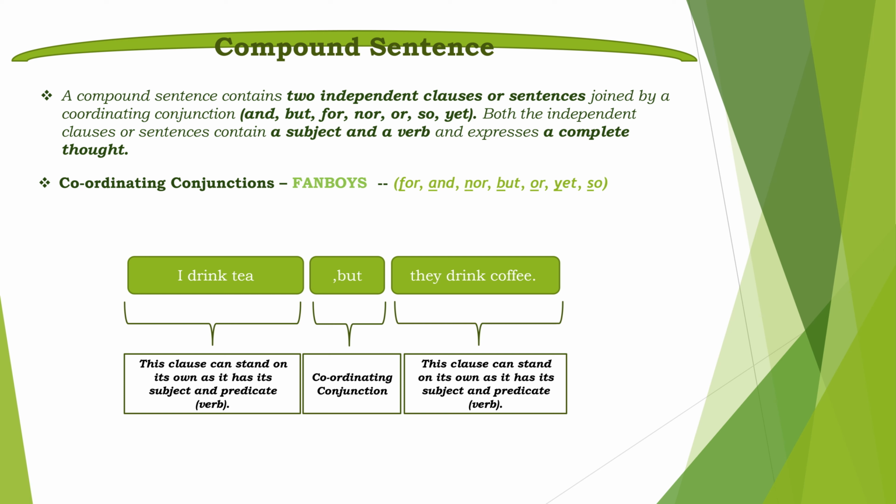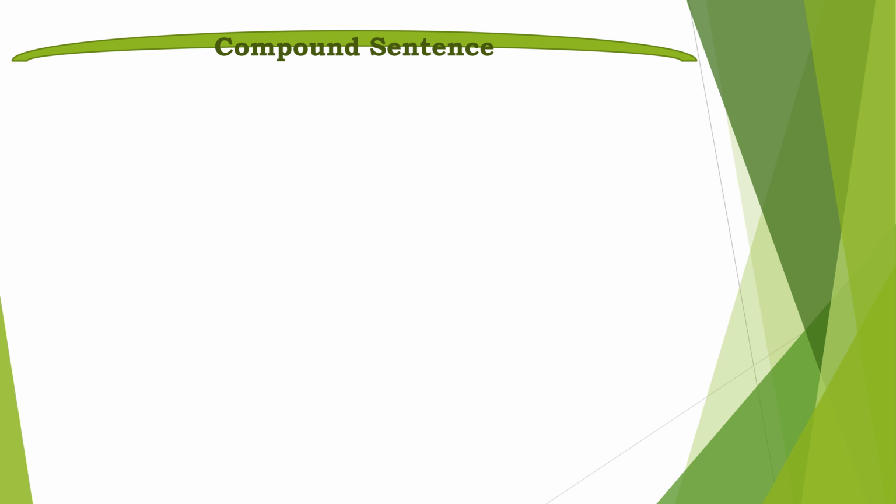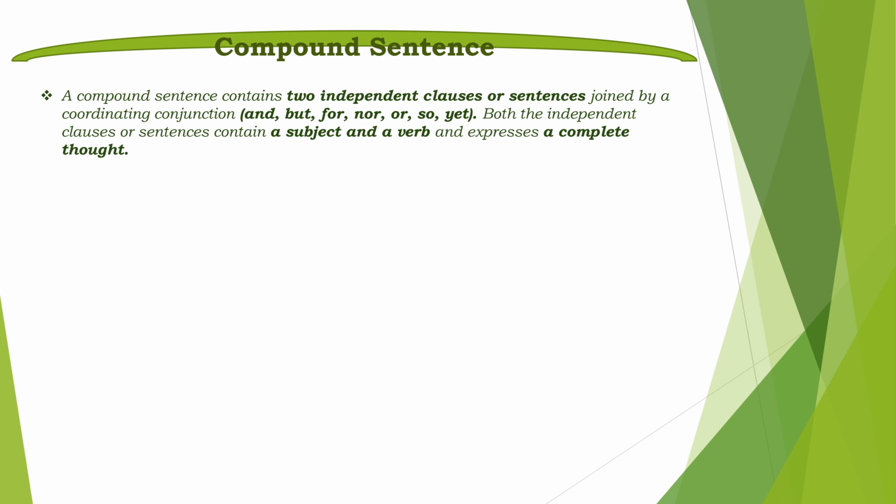Let's continue our learning about a compound sentence. We have already discussed the definition of a compound sentence. We have already discussed the coordinating conjunctions. I'm going to show you two different examples.